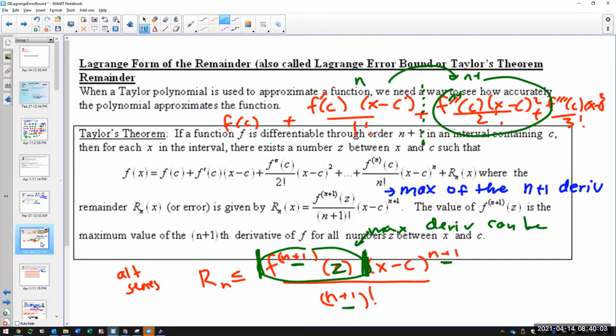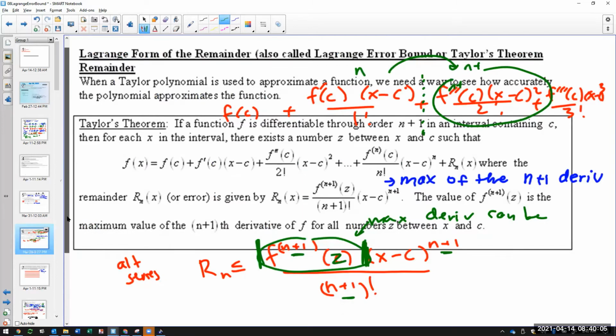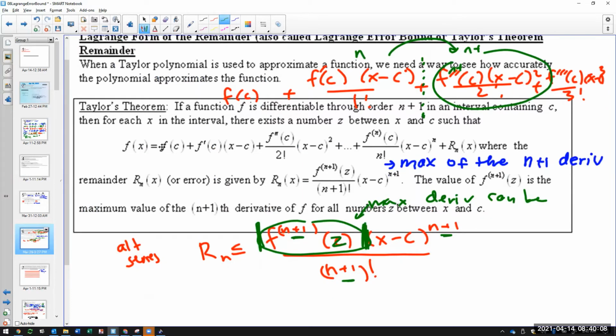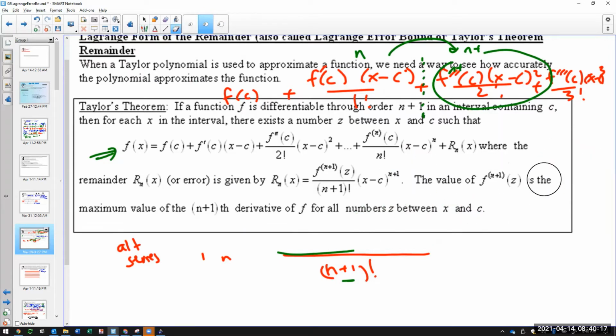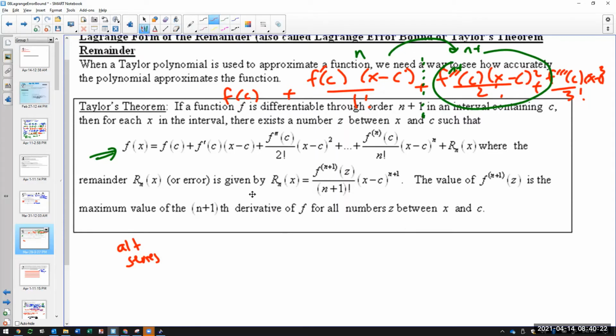But what the Lagrange theory says is that if you have a Taylor series, and this is the form for the Taylor series that you've memorized, and you're trying to find the error bound, and it's not an alternating series, then what you can do is say that your error is less than or equal to this bound. And this bound is this formula right here, which is almost the same as what you had before.